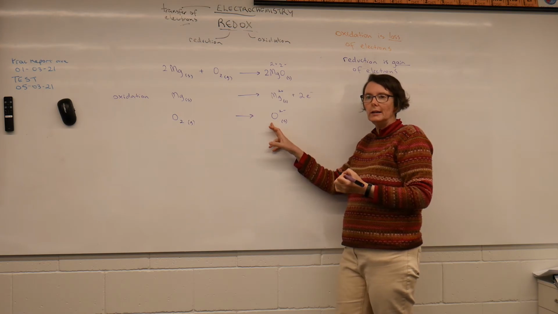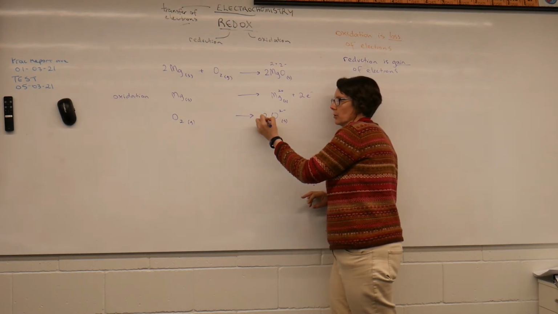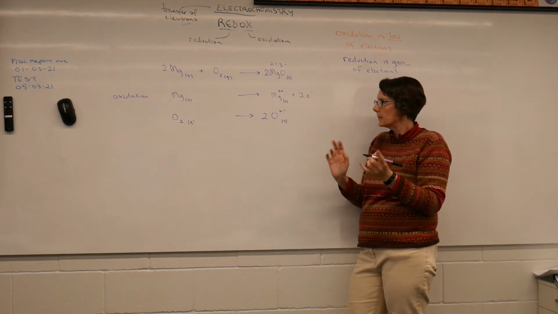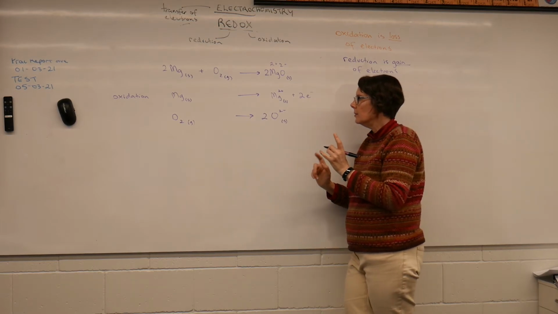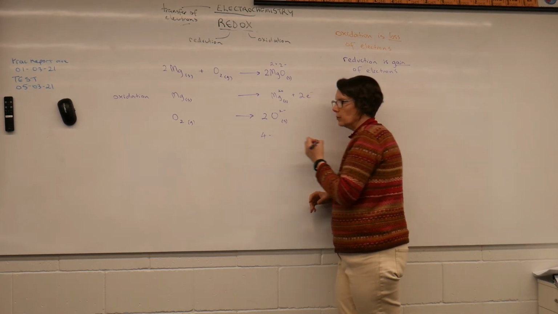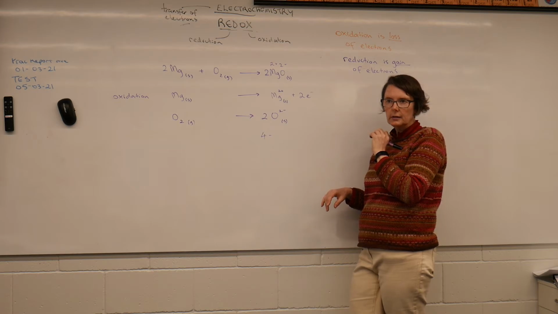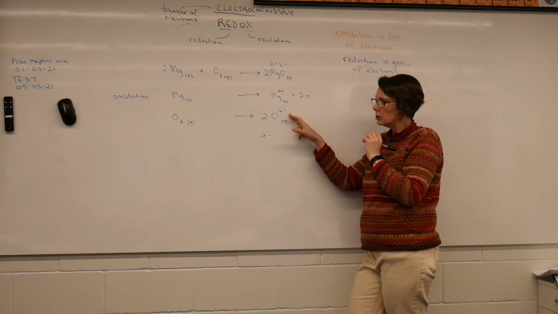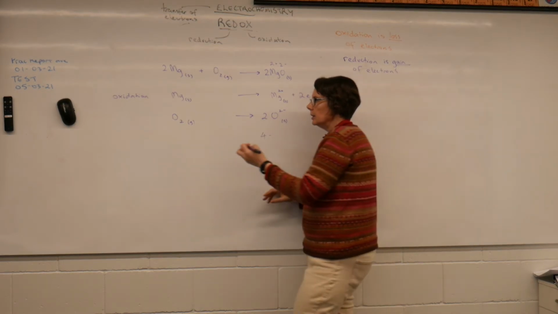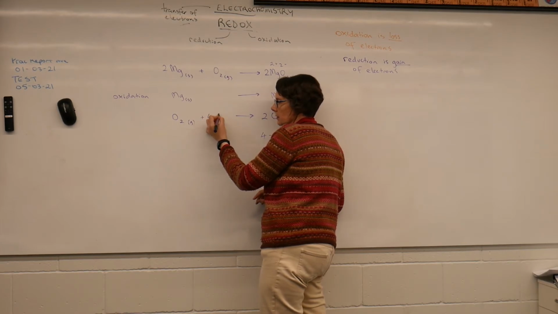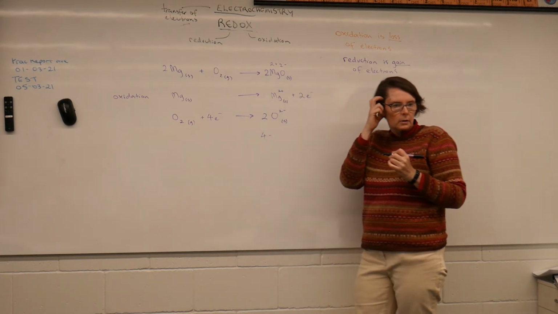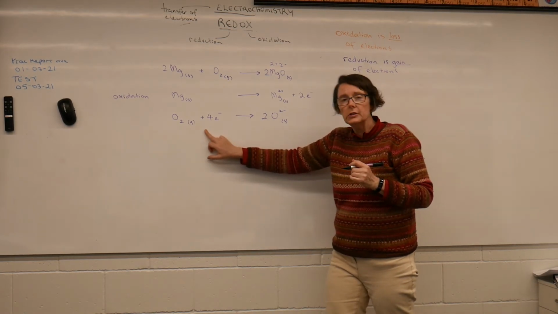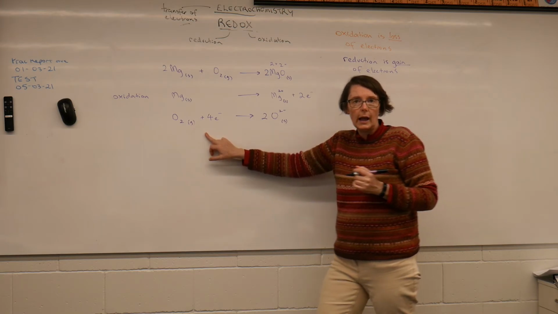So I do need to put a 2 out the front so that I'm balanced. Now if I look at my charge, I've got a 4 negative charge on this side because I've got 2 oxide ions that each have a 2 negative charge. So to balance this, I need 4 electrons. Okay, so now my charges are balanced. This is obviously reduction, because reduction is gain of electrons.